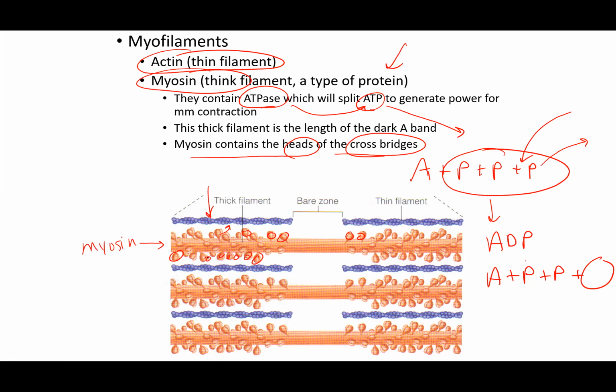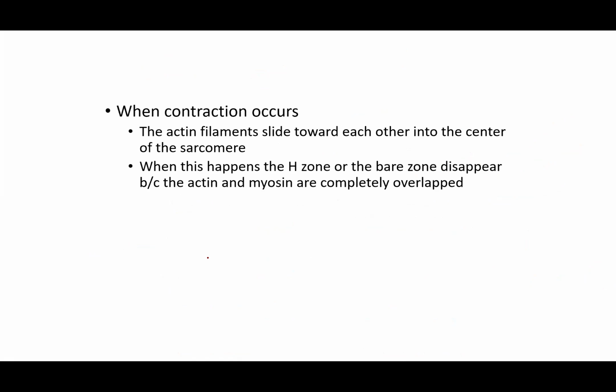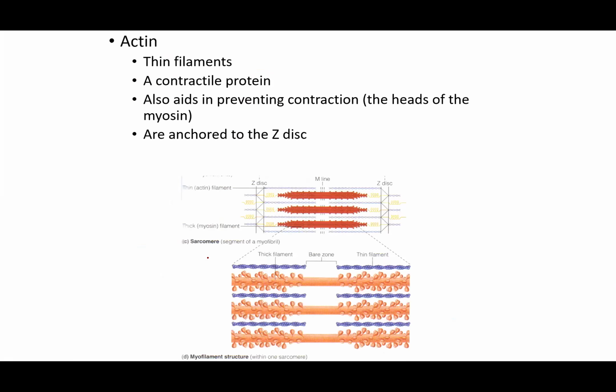And those heads will bind to actin. So actin, the thin filament, is a contractile protein. They are anchored to the Z discs, and that whole thing creates that sarcomere.